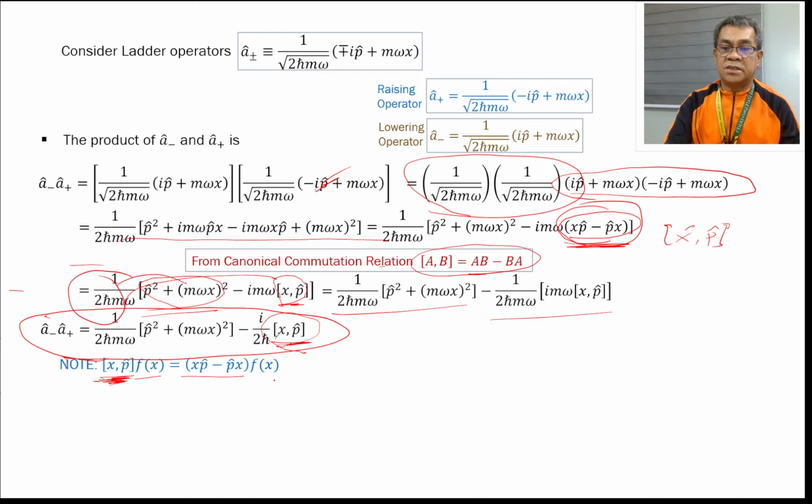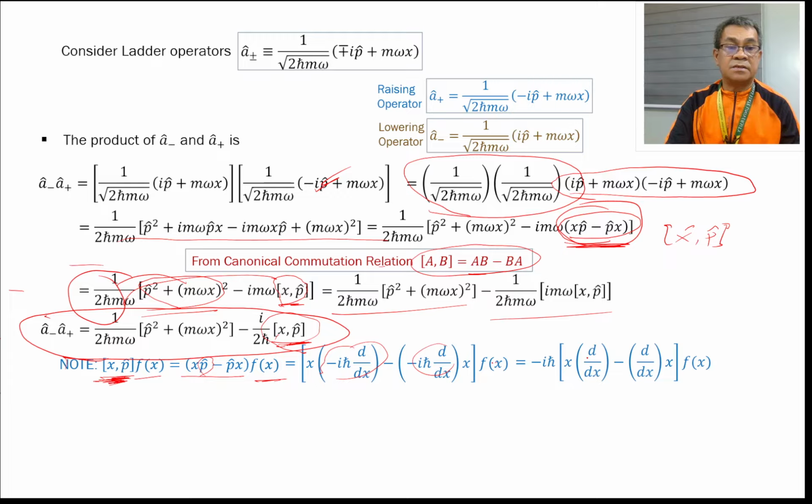Then replace the momentum operator with its definition. By definition, we have this one, and we have that. Then of course we can distribute this.